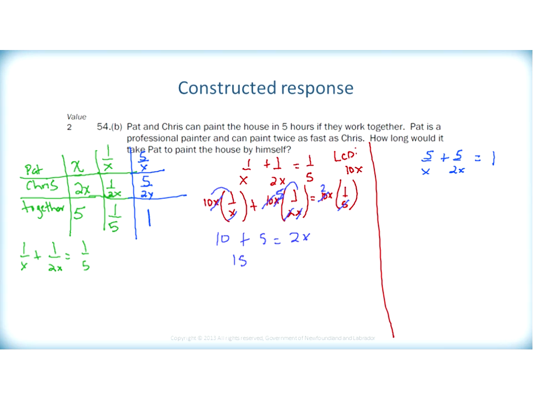And so 15 equals 2X, 15 over 2 equals X. And that's Pat. Pat is 7.5 hours.